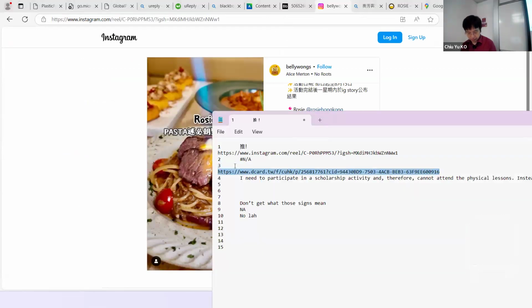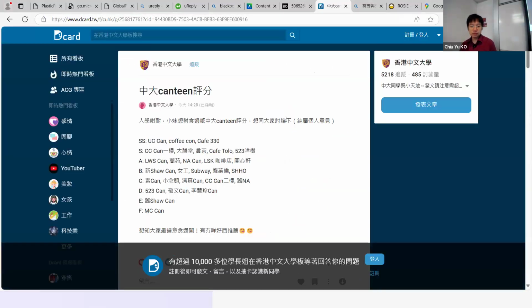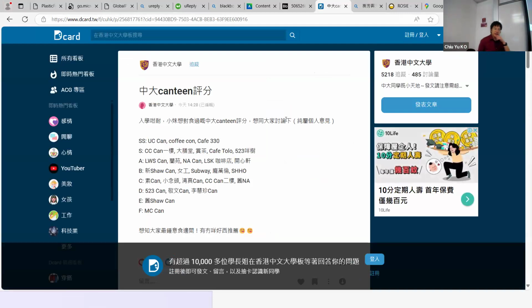So let's look at the other one. Oh, this is the canteen marks. A female suggests the marks. But usually you don't know whether it's a boy or girl. Usually when they say this, it's a guy. But anyway.